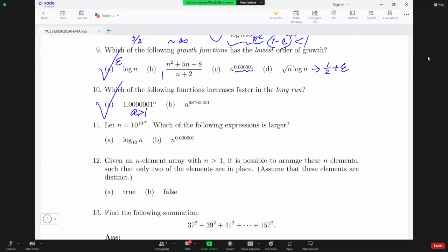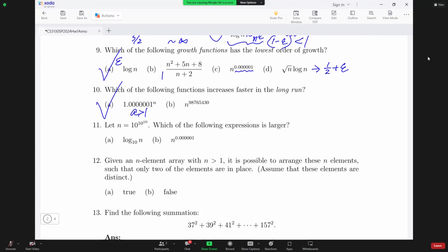If you use your intuition, you may feel it's very close to 1, but B is a very large monomial, huge. But in the long run, eventually, A would beat B, eventually.